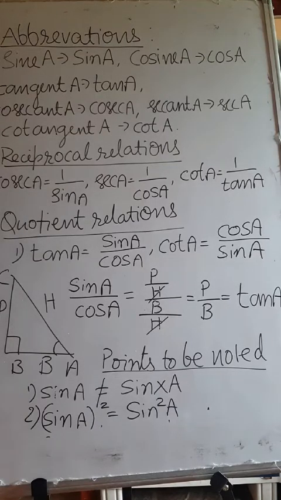You can note it also. Sin A whole square means sin square A. These are some of the basic concepts that we have come across today in the chapter on trigonometry, that is, the introduction to trigonometry. Next, there are a few sums with respect to T ratios. How to solve those sums, we will discuss in the next class.